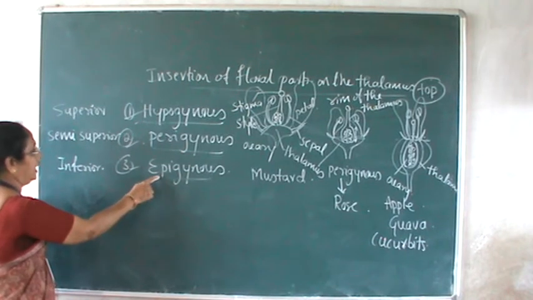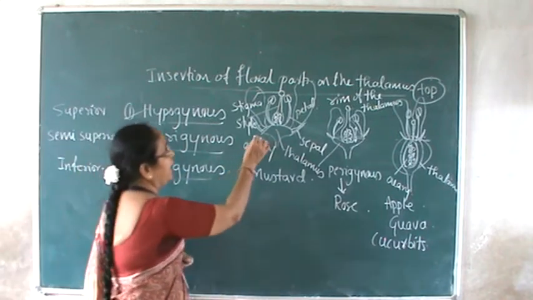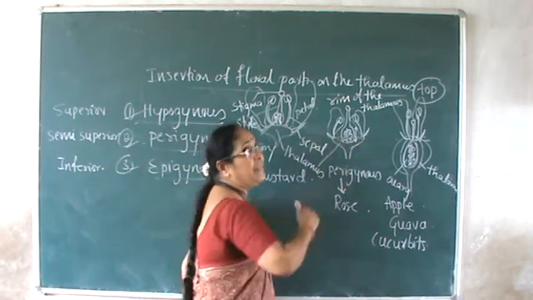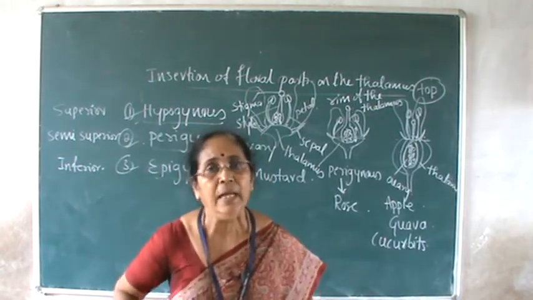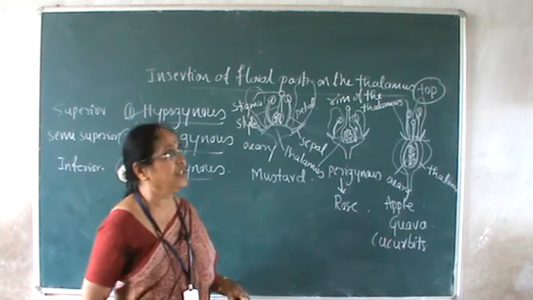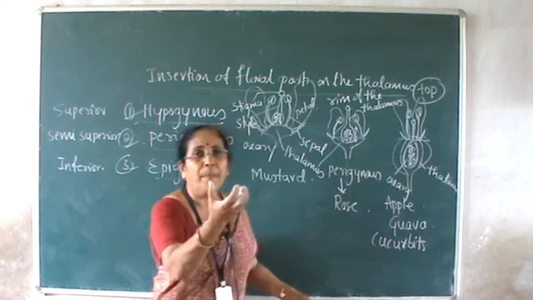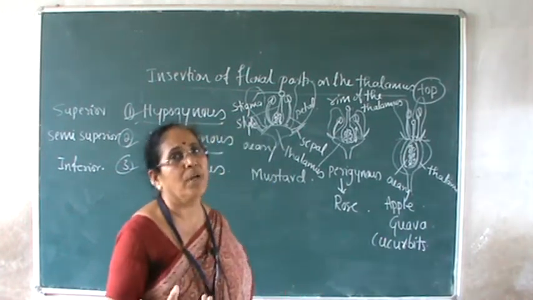And if it is an epigynous flower, the ovary must be inferior. Here it is superior because it is on top of the thalamus. Here it is semi-superior, or you can write it as semi-inferior also. Semi or peri, half: half is inside, half is outside. This is inferior because the ovary occupies the lowermost part of the flower. It is found at the bottom of the flower.